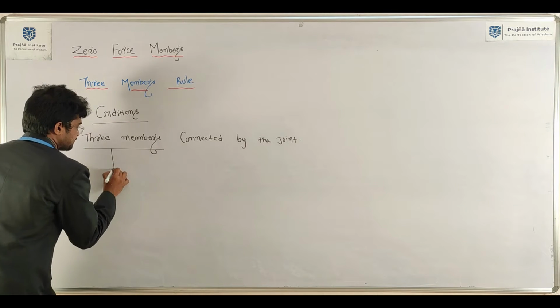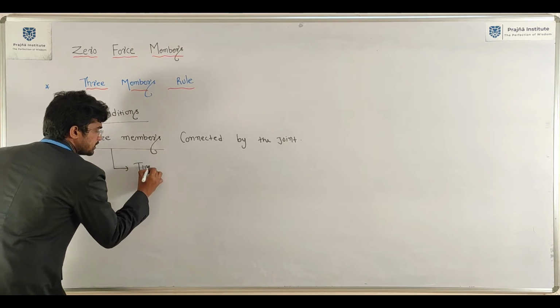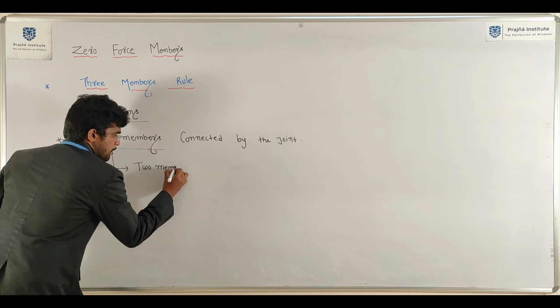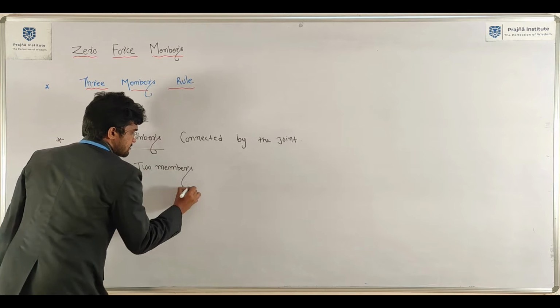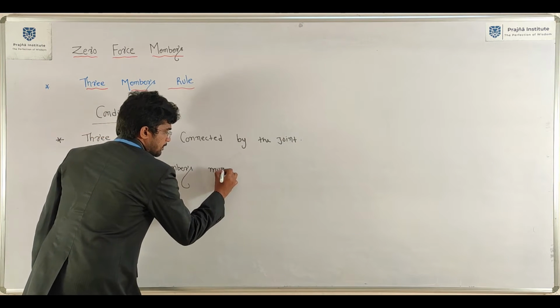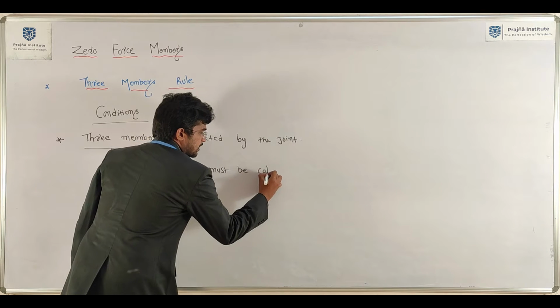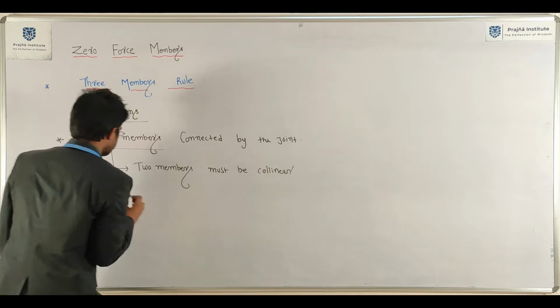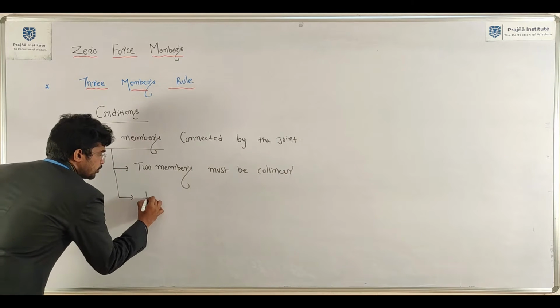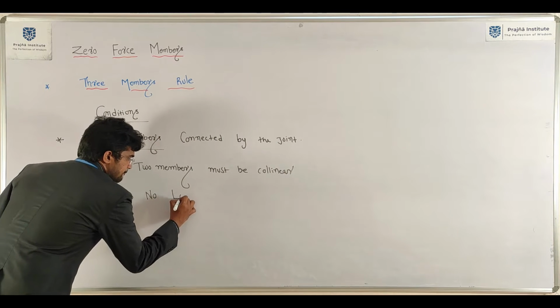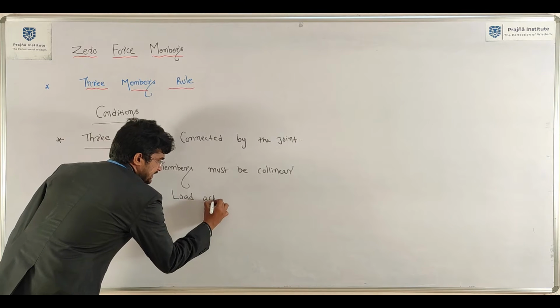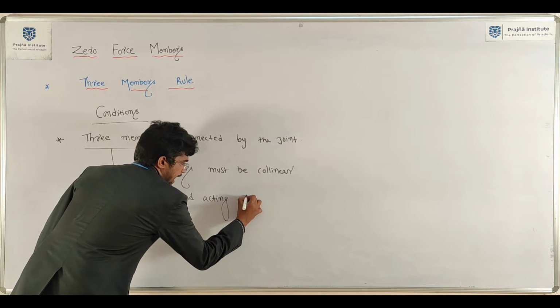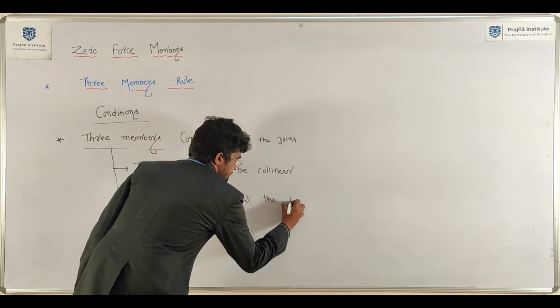In that, 2 members must be collinear and no load acting at the joint.